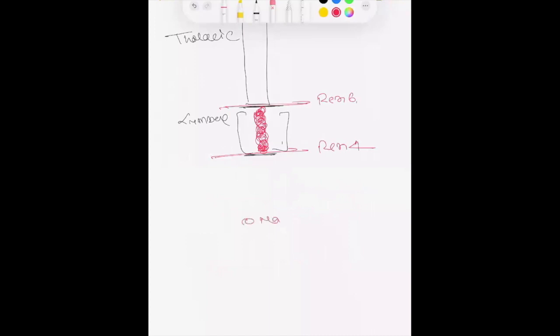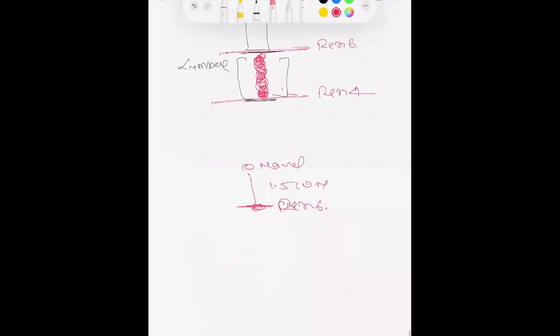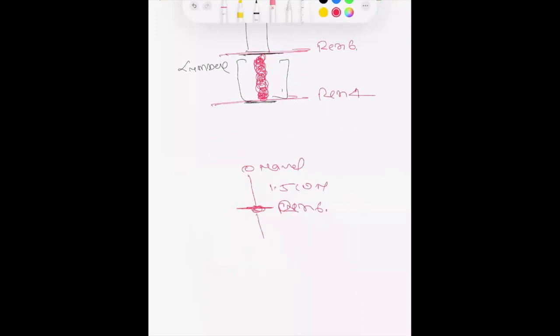From the navel region, if you go 1.5 tune down or 2 fingers down, that is RAN 6. Again 1.5 tune down, that is RAN 4. We already discussed from the navel to RAN 4, is it 3 tune?